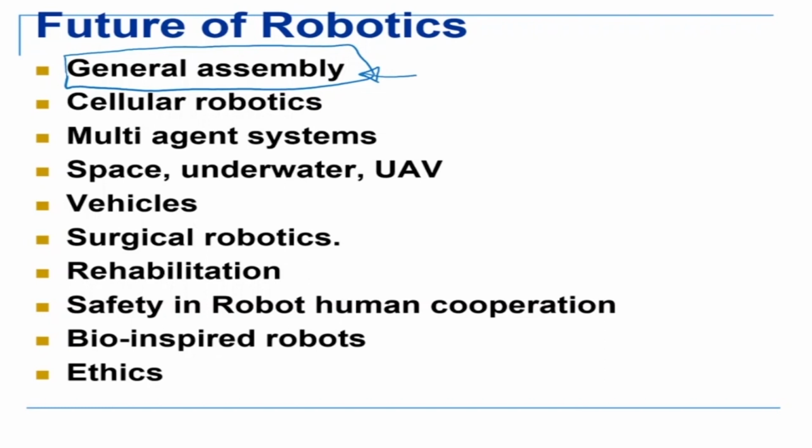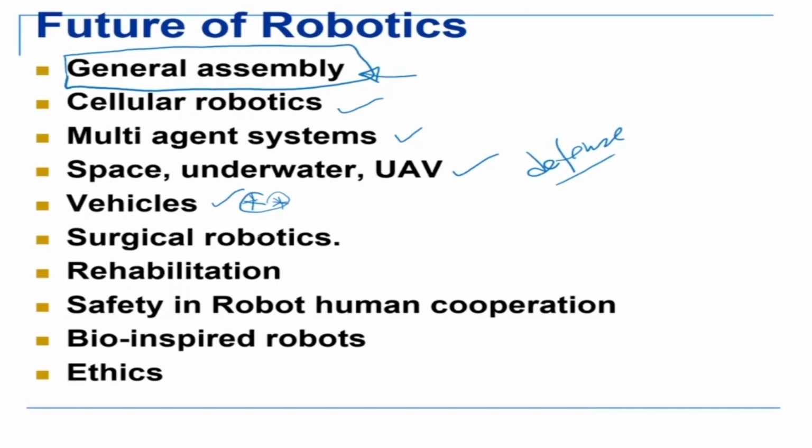The second application of the future is cellular robotics. Many robots doing tasks together, multi-agent systems, space, underwater, unmanned aerial vehicles. This is something we talked about in defense applications, where conventional soldiers and conventional warfare is being done by robots. Vehicles is another very, very big area of the future.